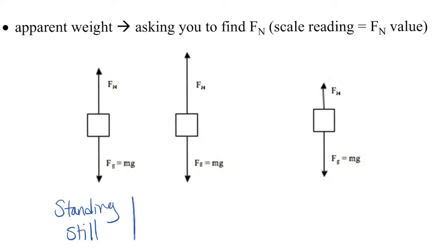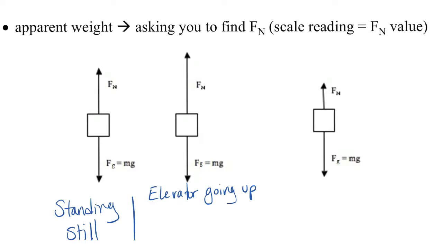So this is telling me that the elevator is going up because my acceleration is going upwards, okay? So I know that. But what I want to know is, is the scale going to read a larger number or a smaller number? So think about the fact that you're going up.